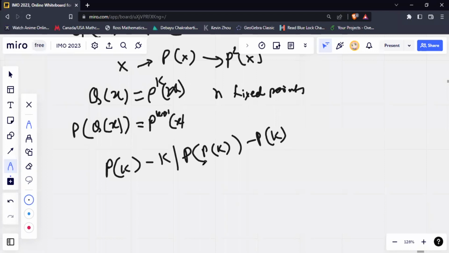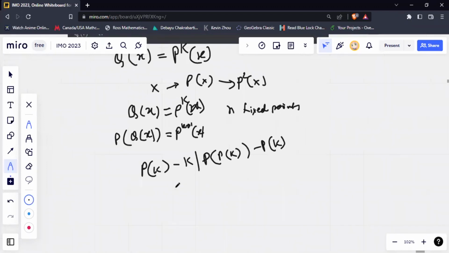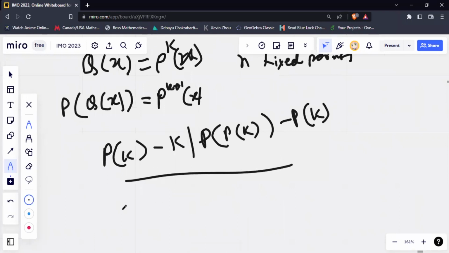Fine. It's nice that people are coming up with ideas. But I really want you people to use this property: a minus b divides P of a minus P of b.